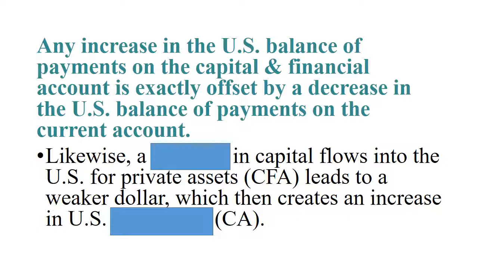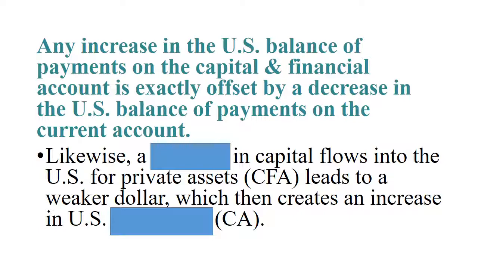Oftentimes, the appreciation or depreciation of a currency can be caused when people are interested in buying more or fewer American assets. If they want to buy more of our assets, the demand for our currency increases and the currency itself will appreciate in value. That leads to a change in the amount of goods and services, exports, and imports that can occur in this country.